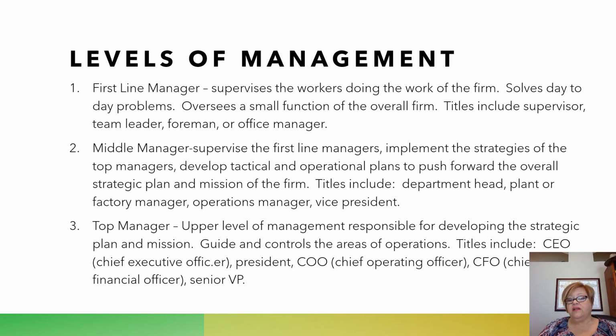Titles can include things like Chief Executive Officer, President, Chief Operating Officer, Chief Financial Officer, Senior VP are typically upper managers. We often refer to these top managers as the C-suite executives because so many of them do have a C in their title, that chief. President, of course, is also one.